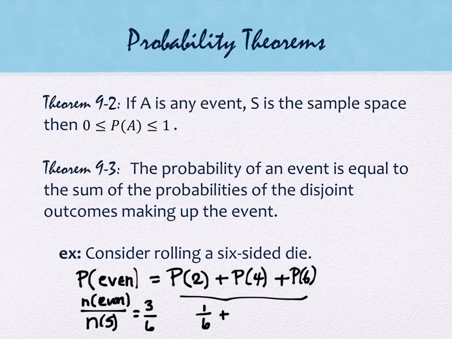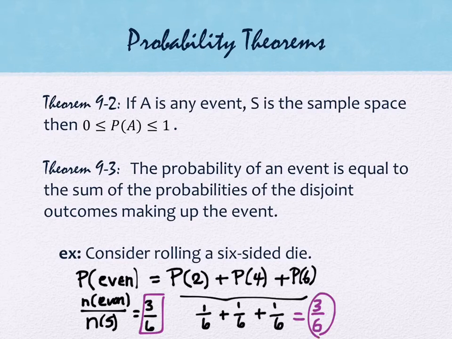How about the number of ways I can roll a 4? 1 out of 6. And the number of ways that I can roll a 6? 1 out of 6. And the outcome is the same. 3/6 in either case. Okay? So if we have disjoint events, we can add their individual probabilities together.